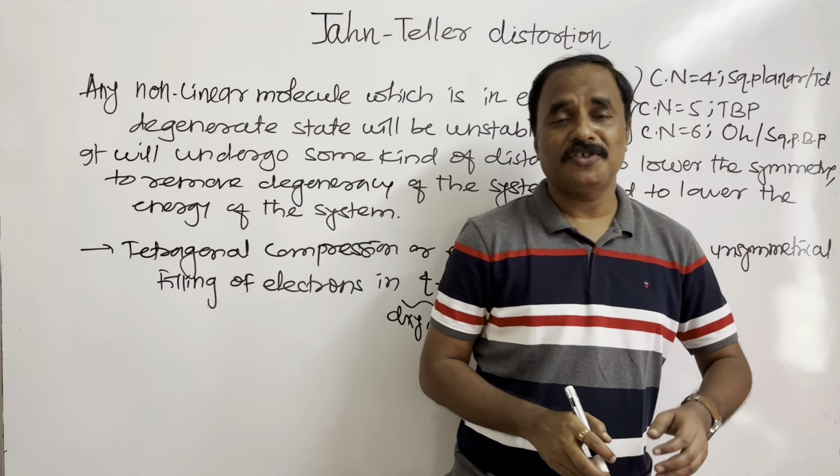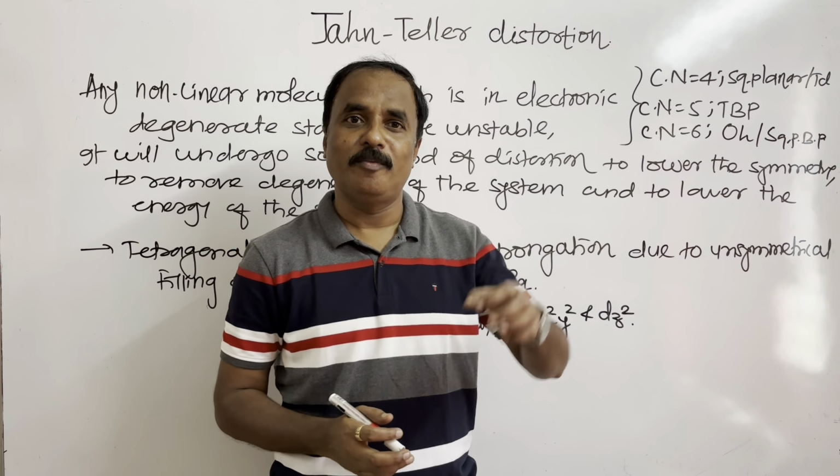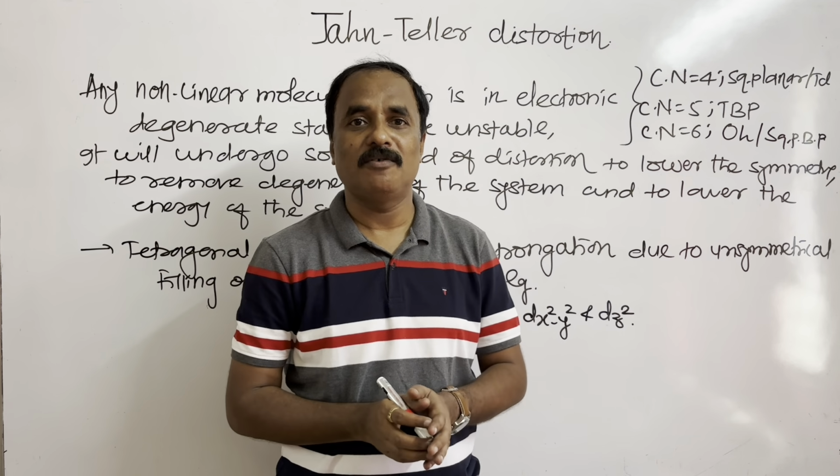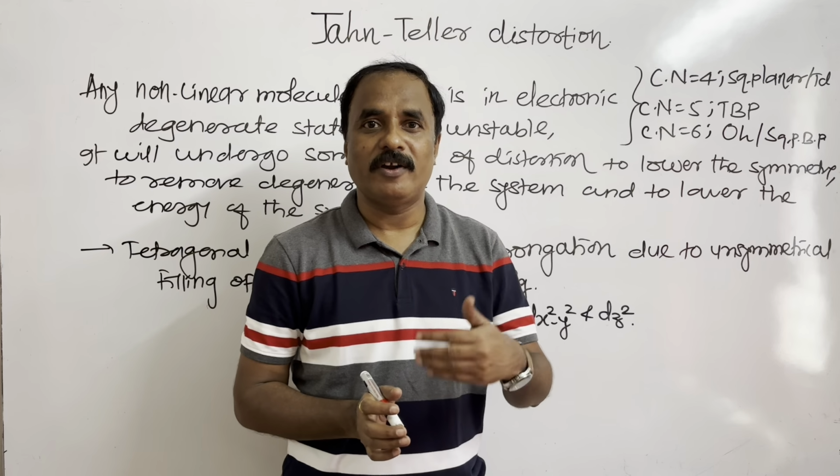So why is there a compression or elongation in geometry? Due to unsymmetrical filling of electrons in either t2g or eg.